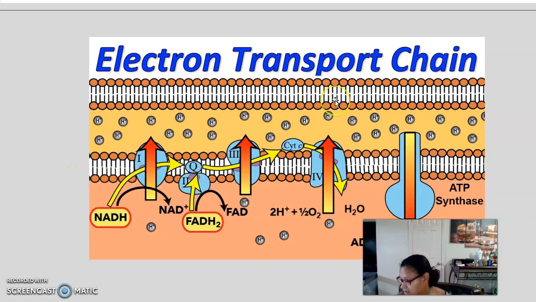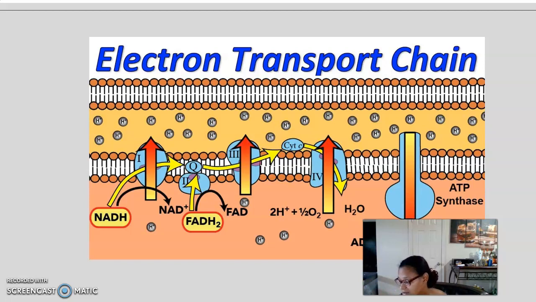Then oxidative phosphorylation is the final stage of the aerobic part of cellular respiration, the oxygenated part, and it is categorized by 2 substages: the electron transport stage and the osmosis stage. In the electron transport stage, high energy electrons are released from NADH, which is in the yellow here, and FADH2, and they move along the electron transport chains found in the inner membrane of the mitochondria.